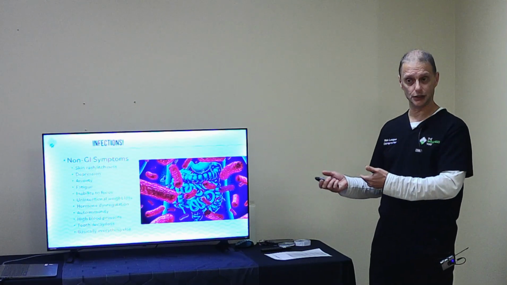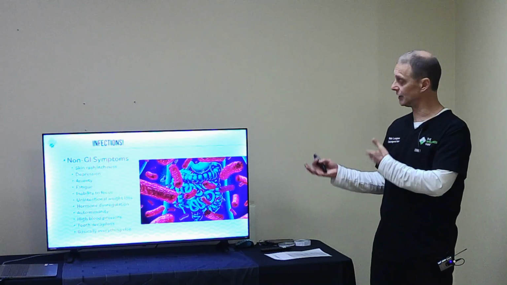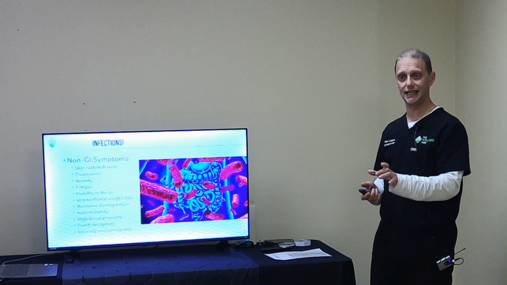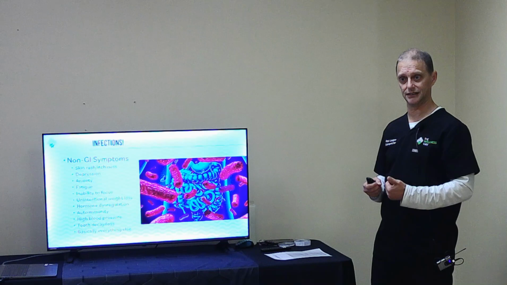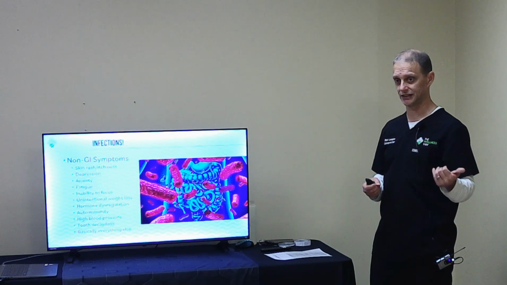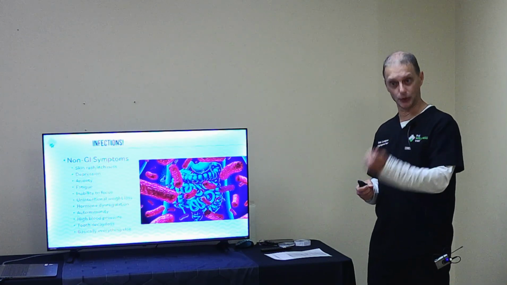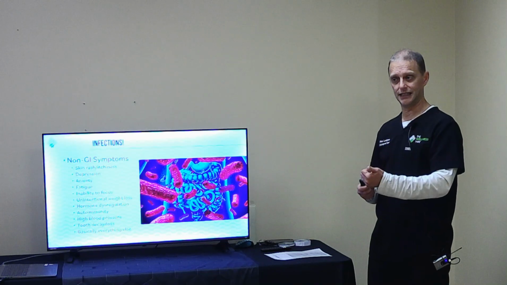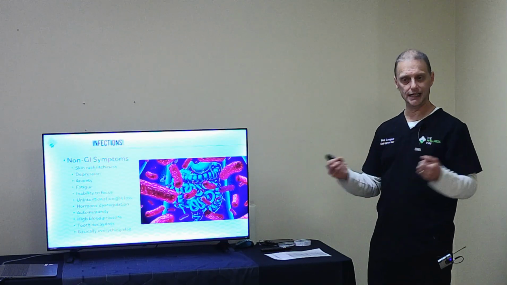That's mostly made in your gut. So serotonin is made about 80 to 90% in your digestive system. So if you don't have a healthy digestive system, you're not going to have a healthy brain in a lot of cases. They talk about the gut-brain connection.